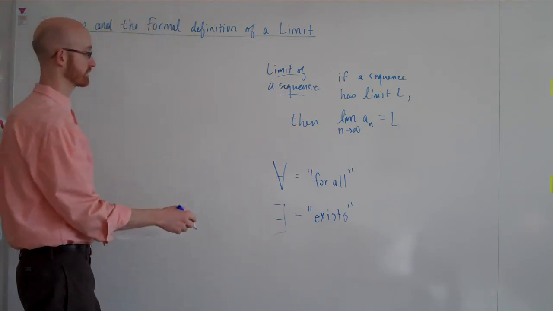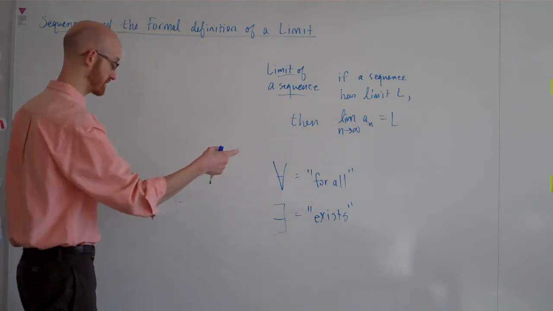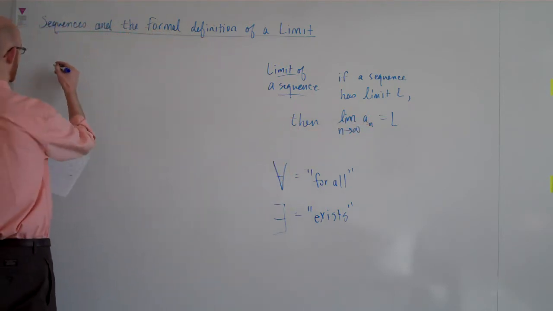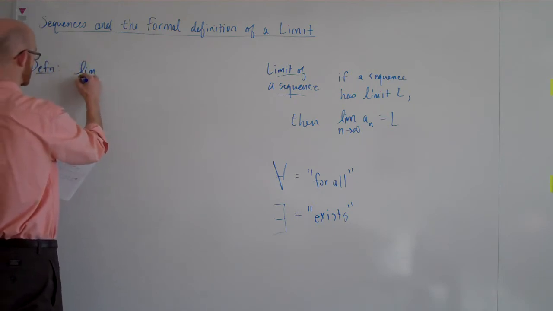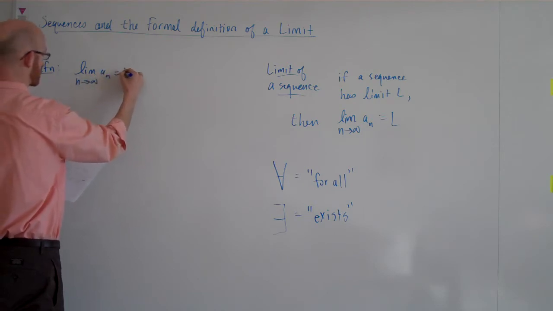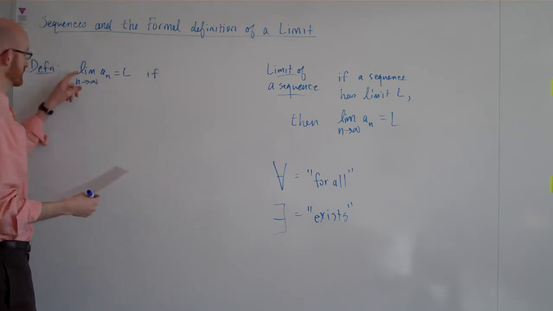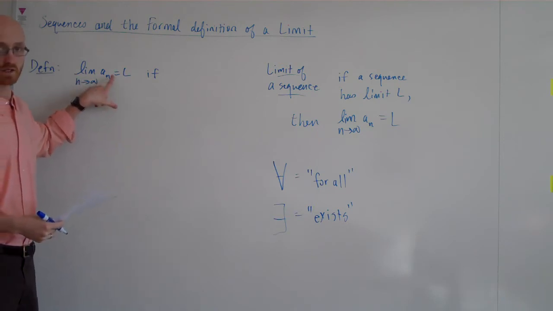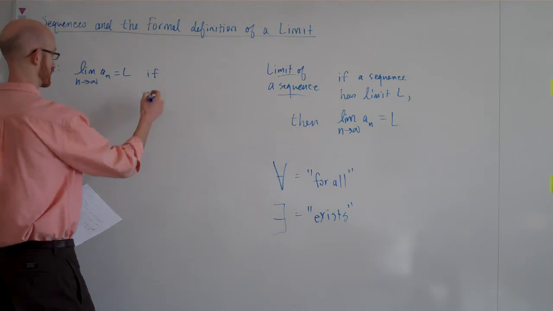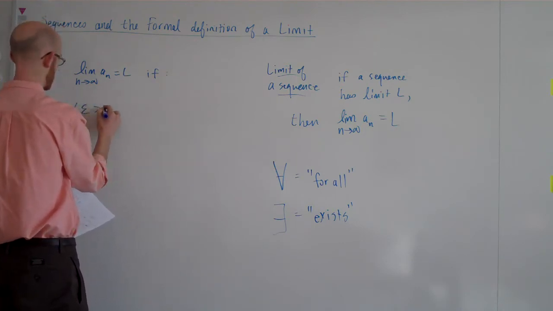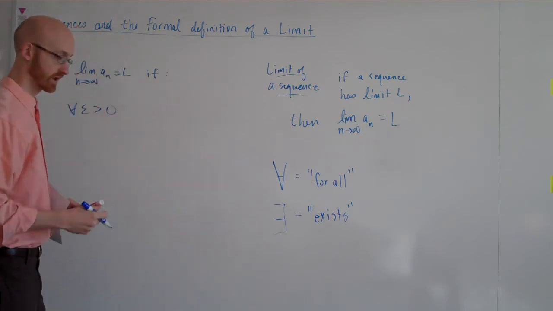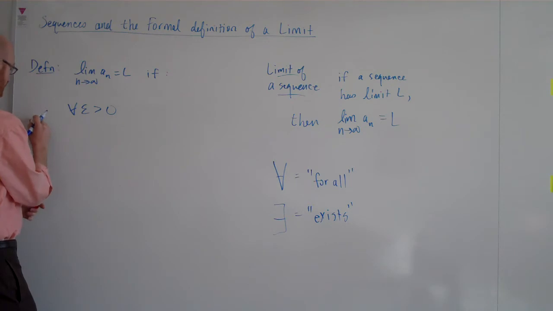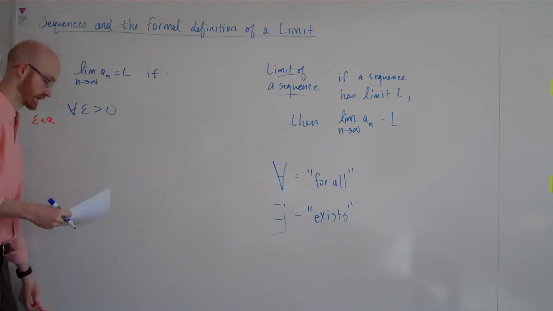So the rigorous definition of the limit, rather than just simply saying this, we need to define what that means. The definition is as follows. The limit as n approaches infinity of the sequence a sub n is equal to L if, for all epsilon greater than 0, and I should say epsilon could be any real number, epsilon is an element of the reals.